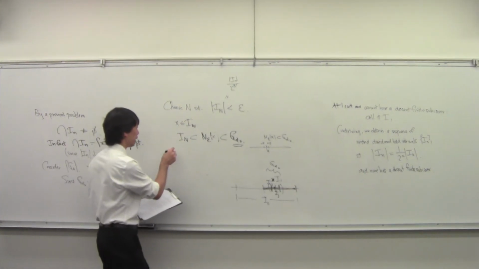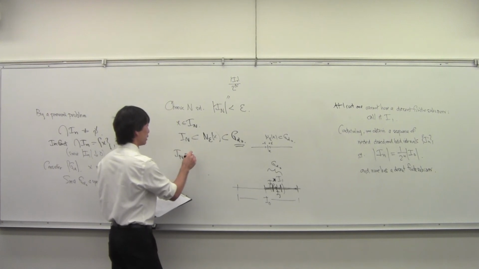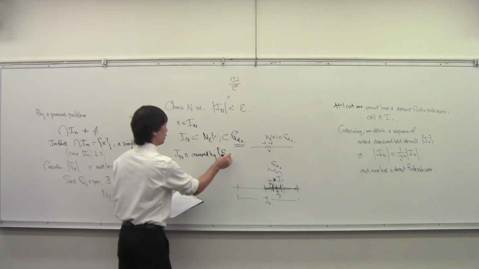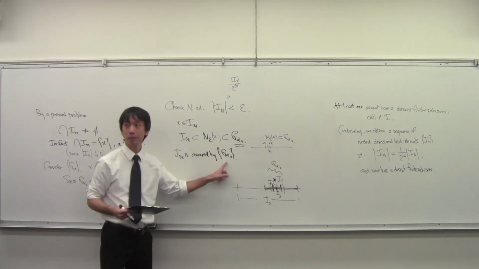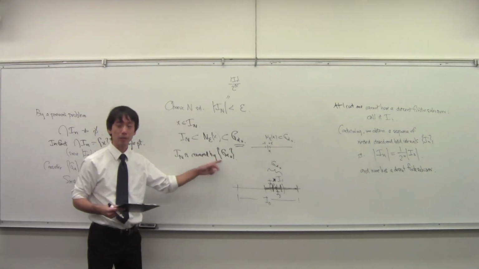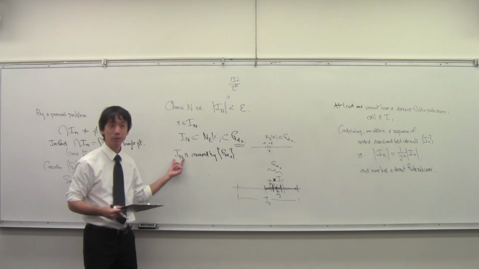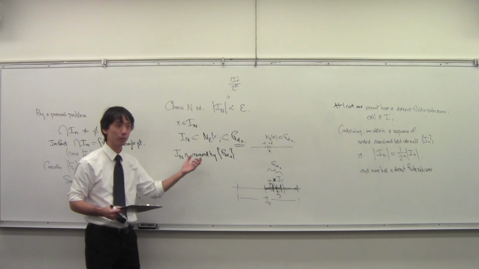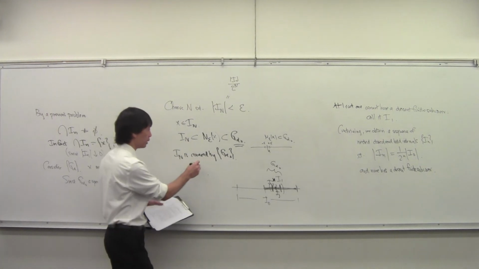But that means that I sub n is covered by this finite subcover. That's a contradiction because all the I sub n's, none of them had a decent finite subcover. But here we are, this guy's covered by a single set. Okay, so you get a contradiction.